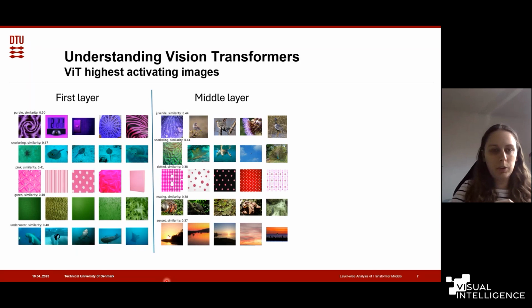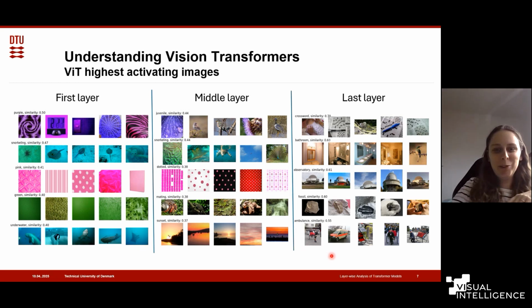If we move to a middle layer, we still see that it's quite grouped by color, but we also have more complex images. So especially if you compare, for example, these two lines, here you can see quite simple green images, and here they still look green and nature-like, but you can see more complex structures and leaves and animals, and then pretty sunsets.